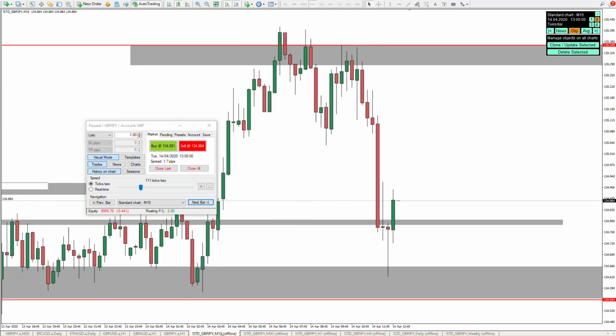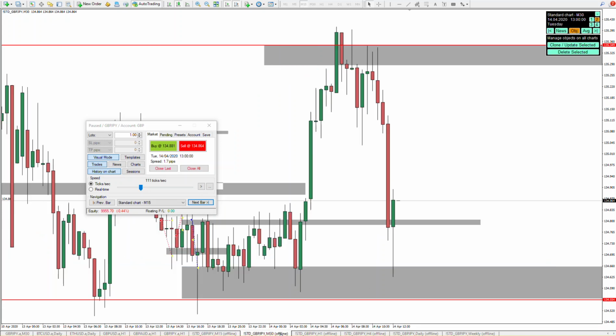And M15. Yeah, that's quite nice. This pin bar is the only problem. Just not really a problem on M30.